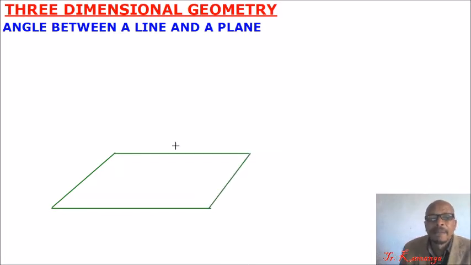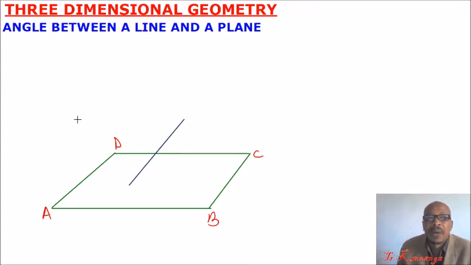So a plane which we can label A, B, C, and D. From there, on this plane, we put a line that is inclined at a certain angle. So a line there in blue, which we can label PQ.